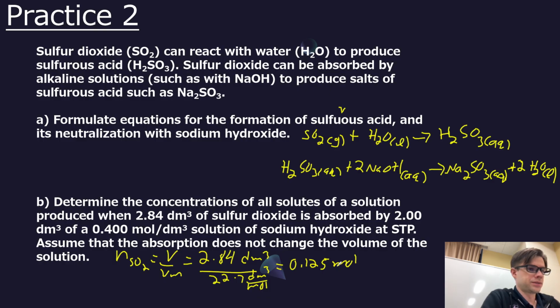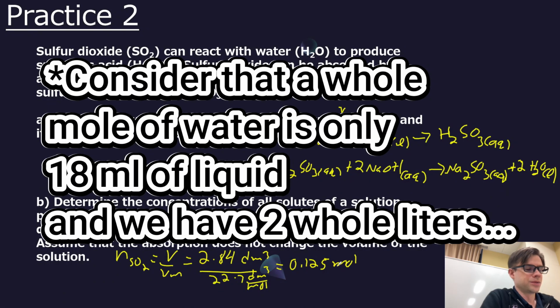And what else? Well, the first reaction is that this reacts with water, but we have a solution of water that we can basically just assume is excess. Compared to 2.84 decimeters cubed of sulfur dioxide, we can assume that there's more than enough water to react with this. So SO2 we can just guarantee is limiting. 2.00 decimeter cubed of water, well, that's way more than we need. That's fine.